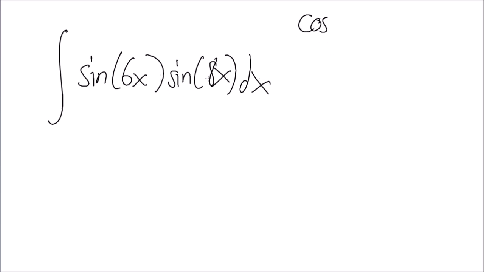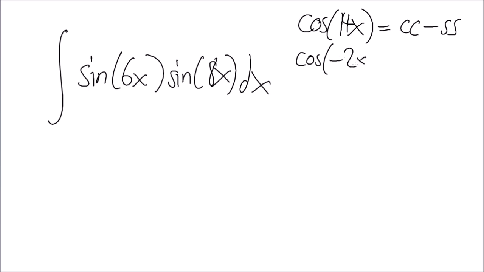So cosine, when we add 14x, so that is cosine minus sine. Subtract here, 6 minus 8, that's negative 2x. So because we subtracted, that's adding here. Again, it's opposite for cosine. However, we want sine alone.